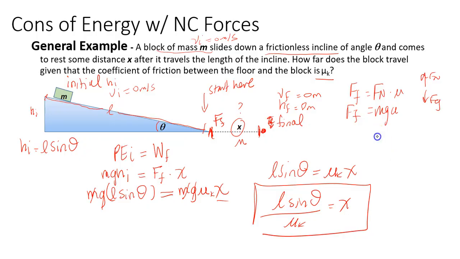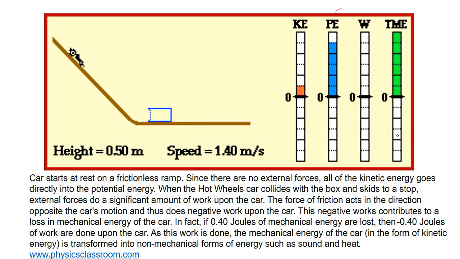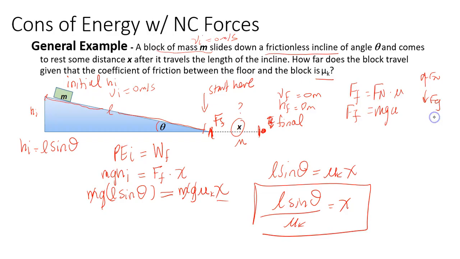And then the other option is to say that the kinetic energy at the bottom goes into the work done by friction, and what you'll notice, you'll get a very similar answer to what we just did. In fact, it would be the final velocity at the bottom, 2g mu.